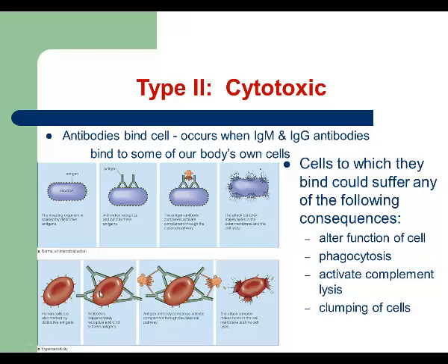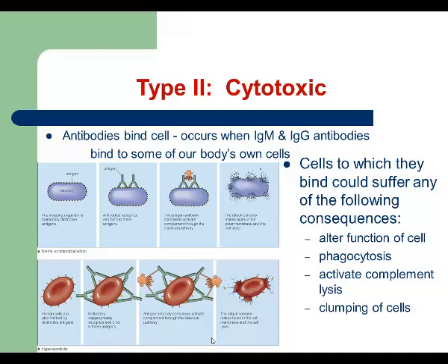And again, once again, antibodies will be produced. They will attach to those antigens and form antigen-antibody complexes. It will activate the complement system, and that cell will be destroyed. So that is an example of one of the consequences of cytotoxic hypersensitivity reaction.